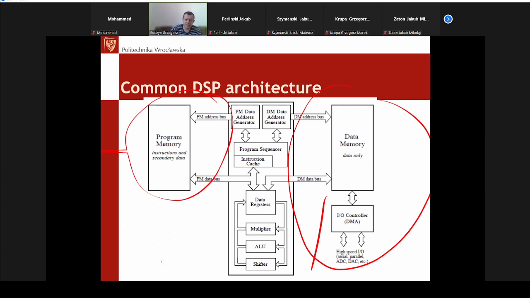Additionally, that's also quite a standard setup in a DSP for real-time processing: the existence of strong arithmetic circuitry. So besides the standard arithmetic logic unit, usually we can expect in signal processors some extra multipliers, some extra integer and floating point blocks as well, barrel shifters.